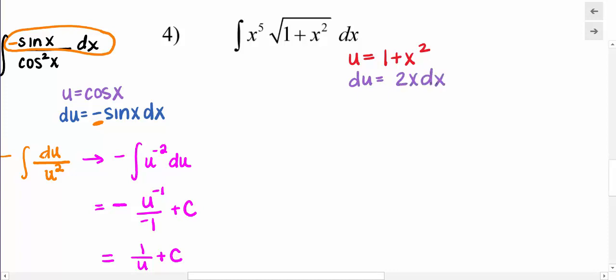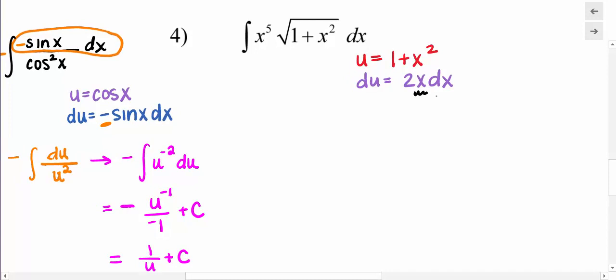All right, so this is going to take a little bit of rewriting here. So I want to reserve one of the x's, but I have a lot of them outside of that square root of u part, right? Because this is all going to be taken up by square root of u. The rest of it, I would hope, would be taken up by my du, but it's not going to be. It's going to leave behind some extra things.